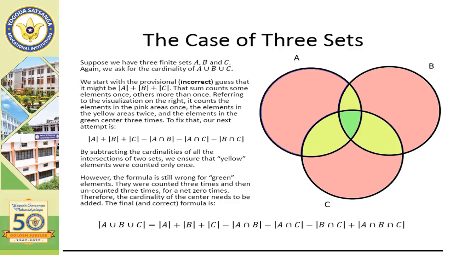So one must be added: A intersection B intersection C is added at the end. In this way, cardinality of A union B union C is equal to cardinality of A plus cardinality of B plus cardinality of C, minus cardinality of A intersection B, A intersection C, B intersection C, and then we add once what was subtracted thrice, that is A intersection B intersection C.